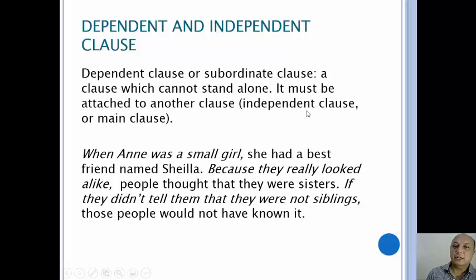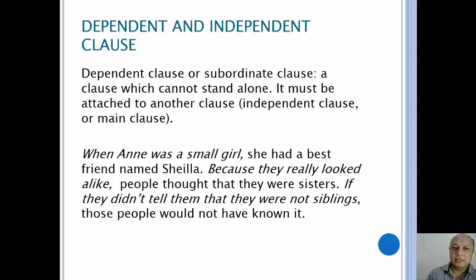In bahasa Indonesia, we have induk kalimat, the main clause, and anak kalimat, the subordinate or dependent clause. For example, when Anne was a small girl. Now the italicized parts are the dependent clauses.